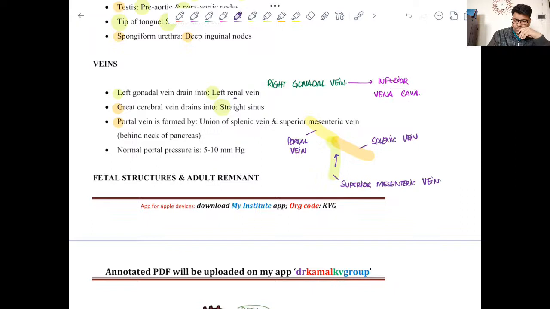So this is how they join to form the portal vein, and this all happens behind the neck of pancreas. Clear? So this union occurs behind the neck of pancreas, and normally the pressure in the portal venous system is 5 to 10 millimeter of mercury, and if it goes beyond 12 millimeter of mercury, you will call it portal hypertension. Clear?